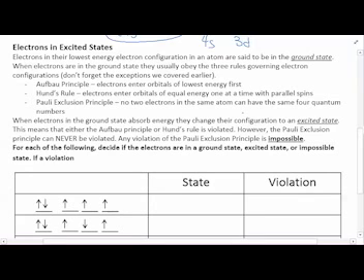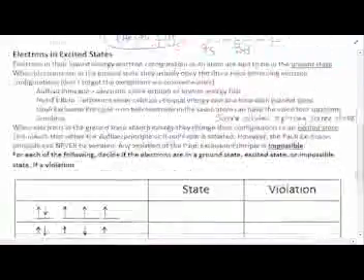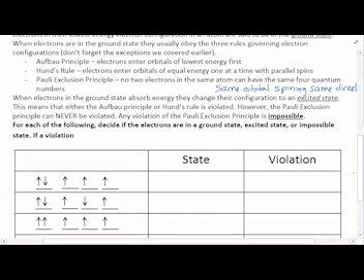So in other words, you can't have 2 electrons spinning the same way in whatever orbital that you're working with.